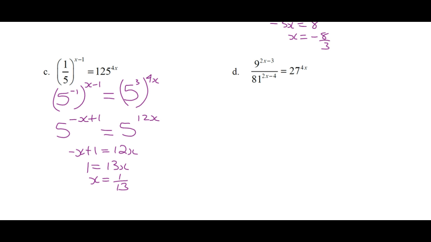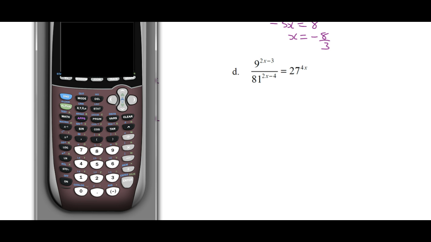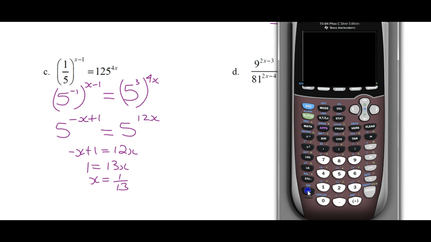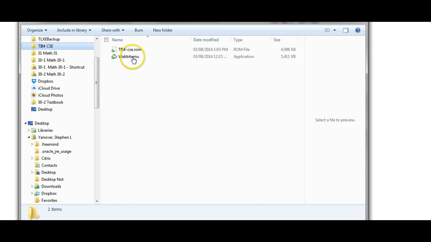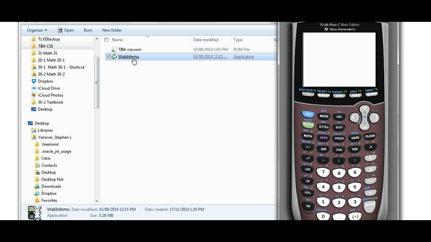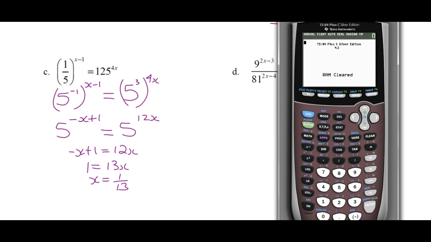Now we can verify it here. I'll pull out the calculator. Let's close the calculator and reopen it. So I want to do 1/5, in brackets, to the power of 1/13.